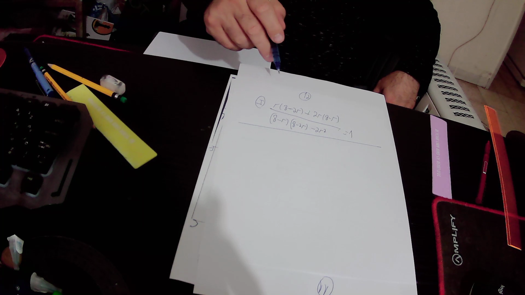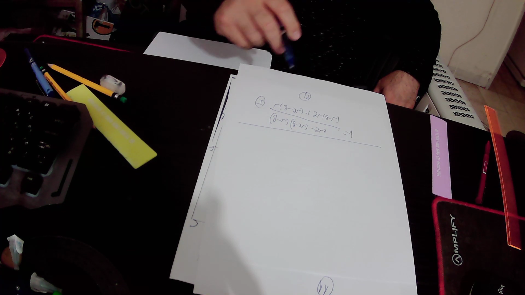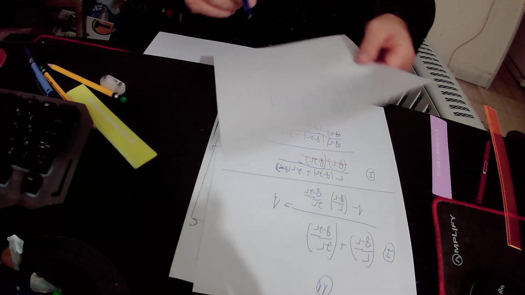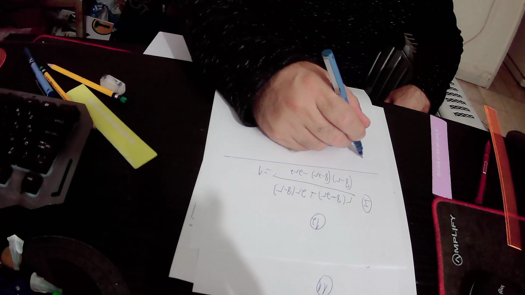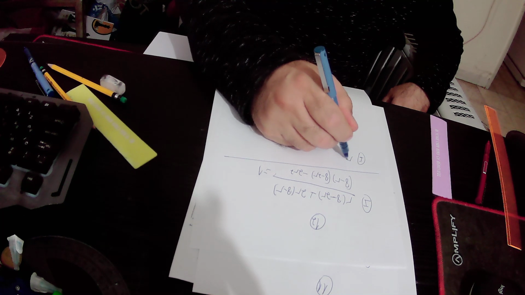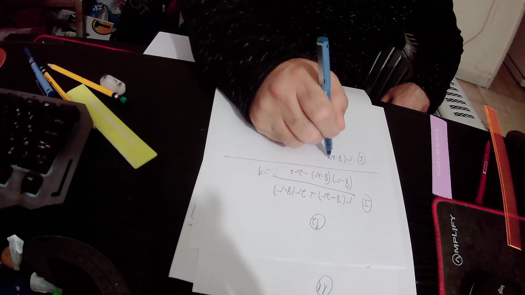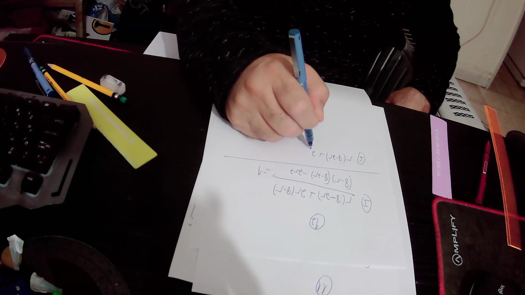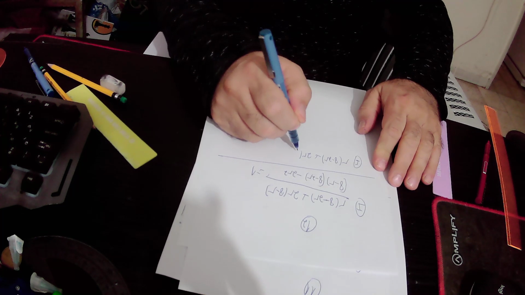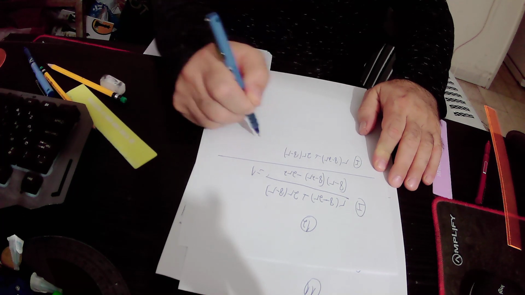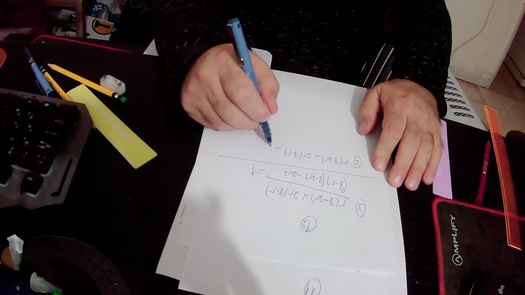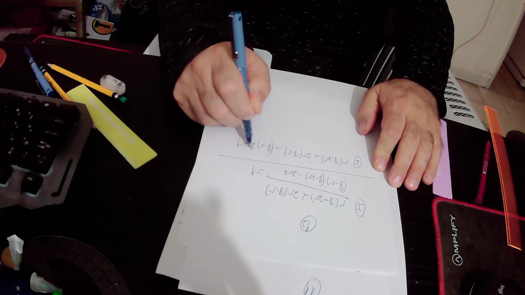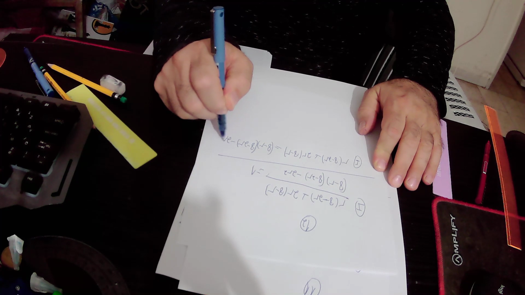Here we will cross multiply equation number 1, and we will get that R times 8 minus 2R plus 2R times 8 minus R equals 8 minus R times 8 minus 2R minus 2R squared.